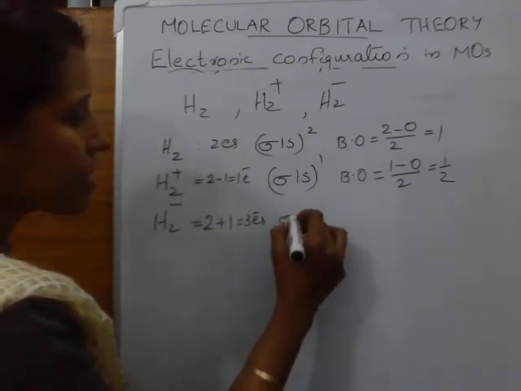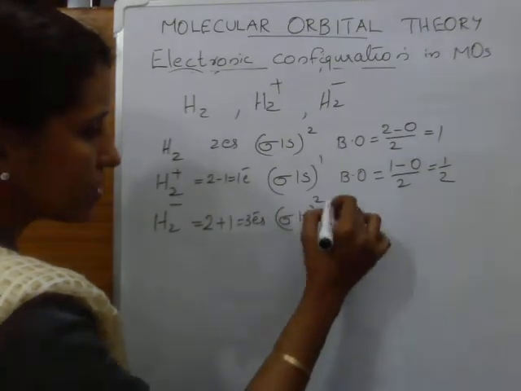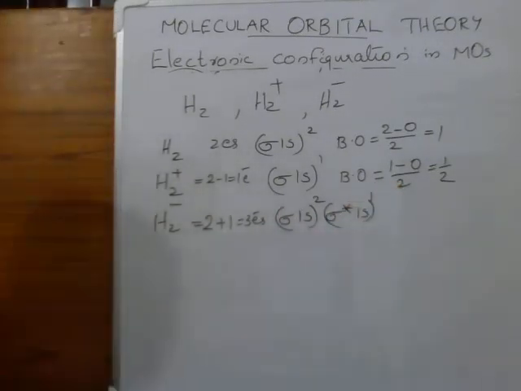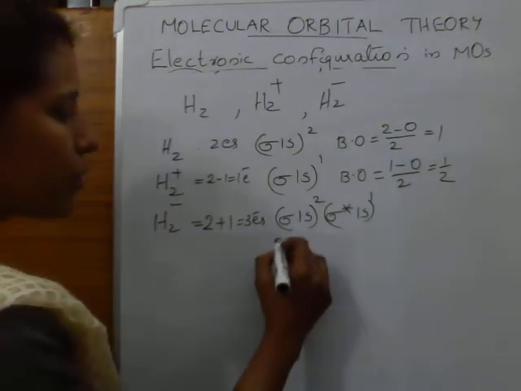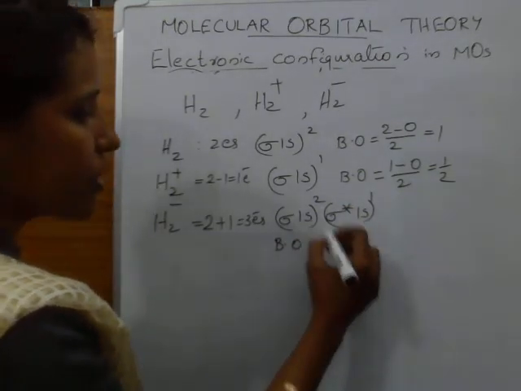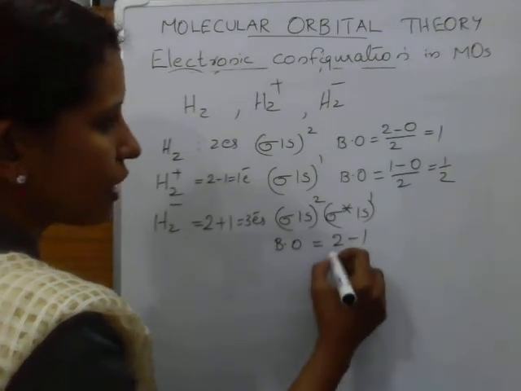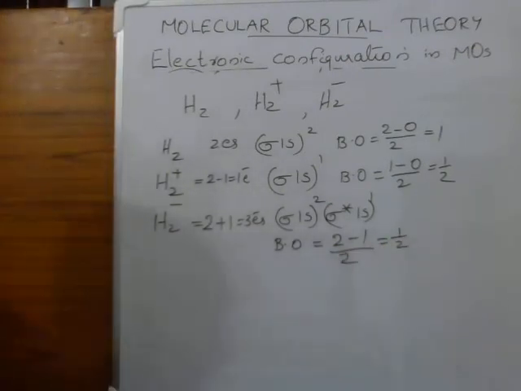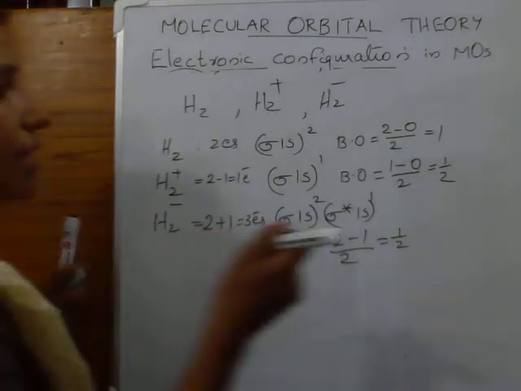Electronic configuration: sigma 1s2, sigma star 1s1. Bond order will be equal to bonding electrons 2 minus antibonding electron 1, by 2, equal to 1 by 2.